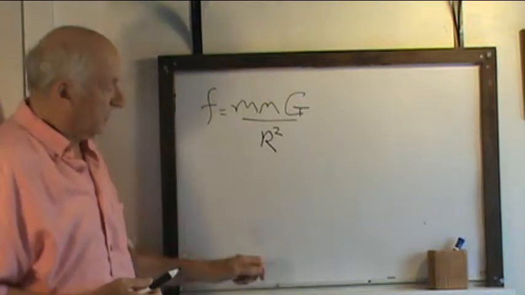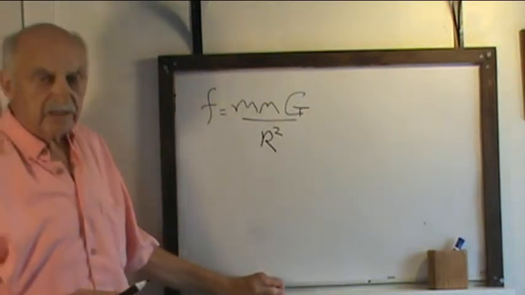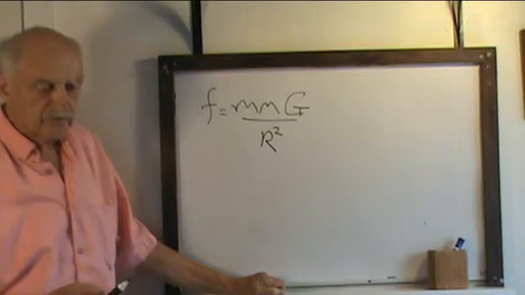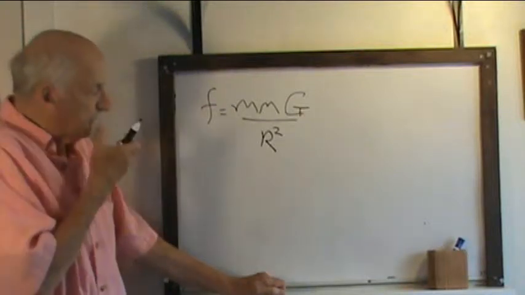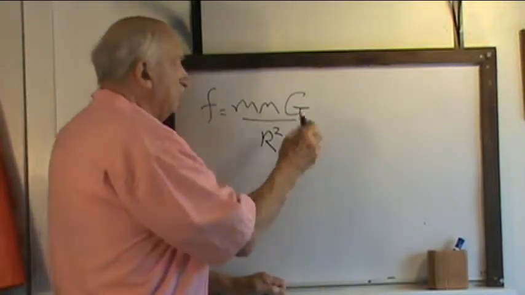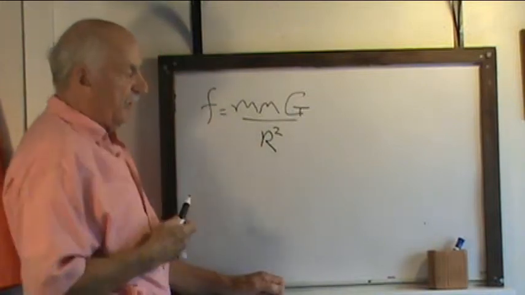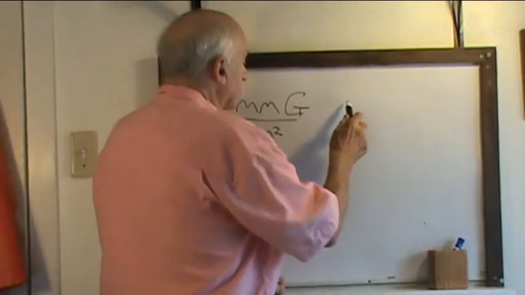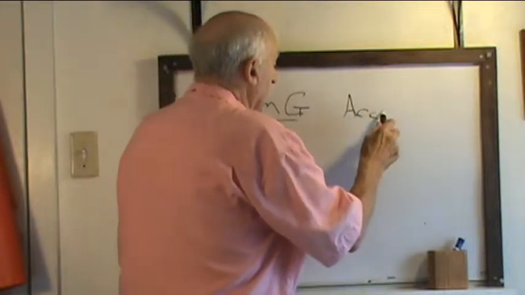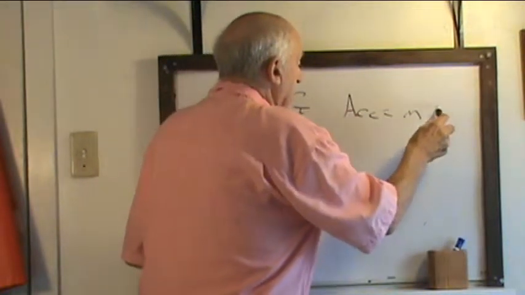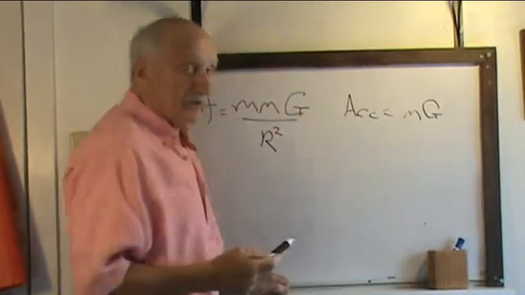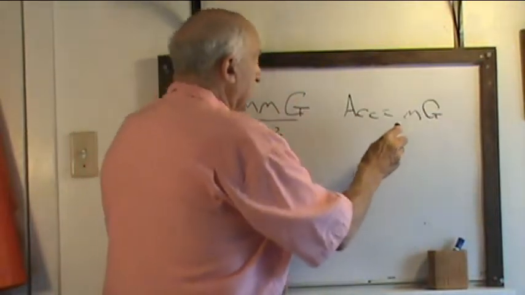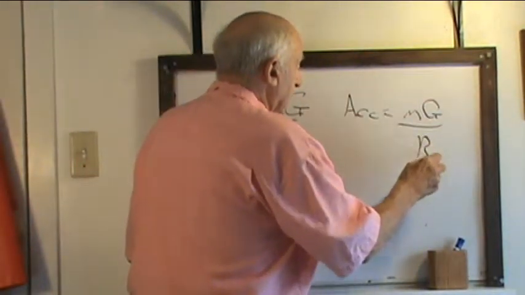I use an uppercase R because it's easier to distinguish from a V and other signs. And the acceleration, which is equal to the force divided by the mass, is equal to simply the mass of the body, such as the sun, the central body, times G and divided again by R squared.